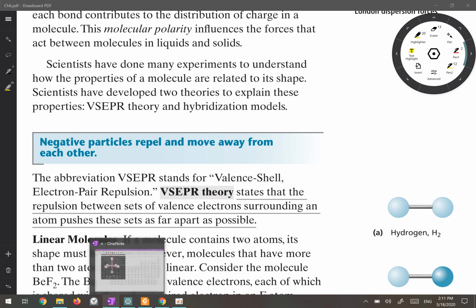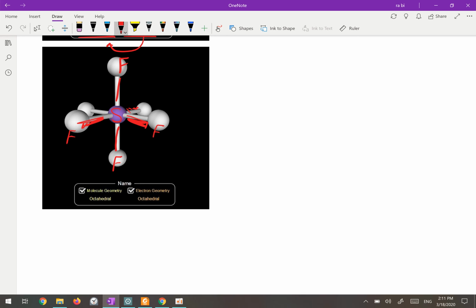So we draw them in the shaded format. This one and this one, F and F. Okay, so this is how we draw the octahedral structure, and the angle between all of them is 90 degrees. All 90 degrees. Even the angle between these is 90 degrees. Between these two, the angle is 90 degrees. So all of the angles are 90 degrees.